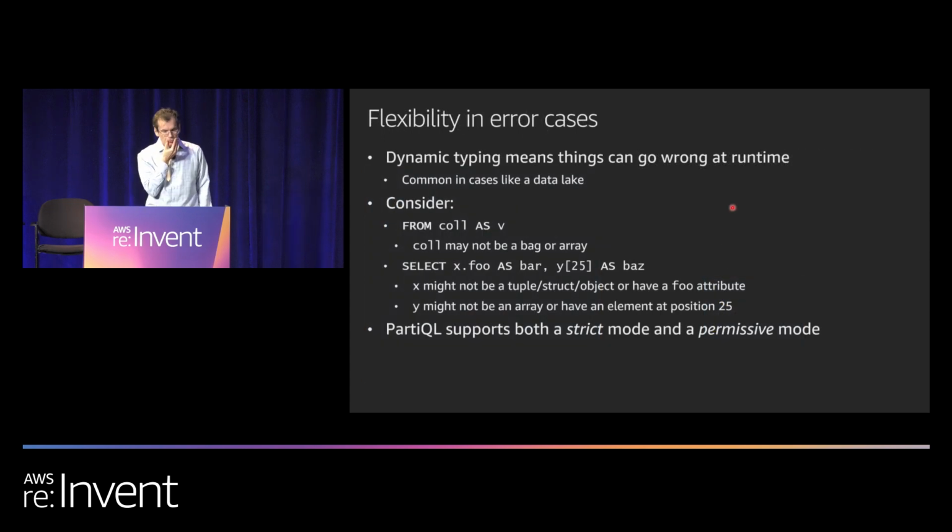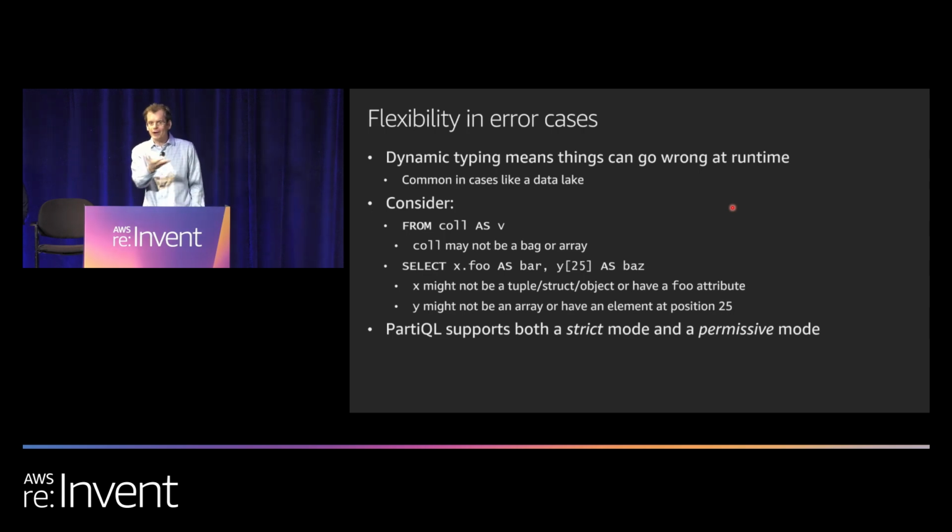Now, let's go to the following. A question that very often comes up when we are talking about accessing this schemaless data is: what are you going to do with data that do not conform to what your query has been set up to do?